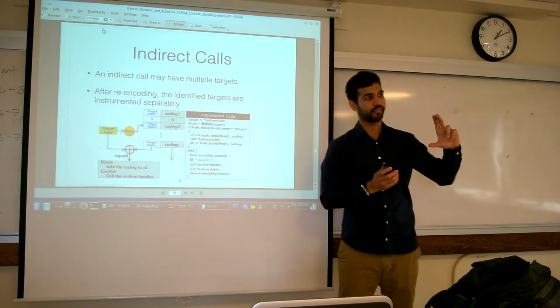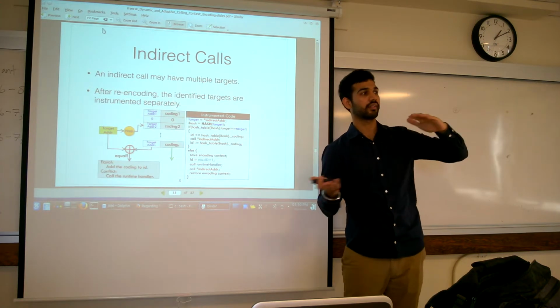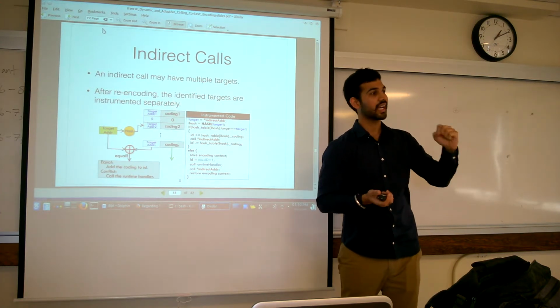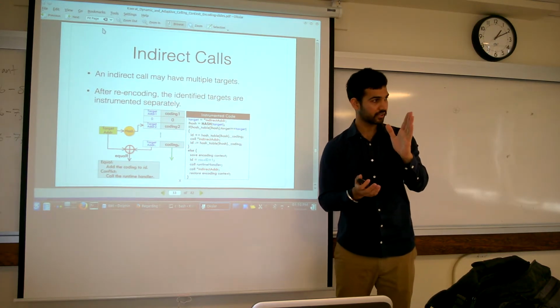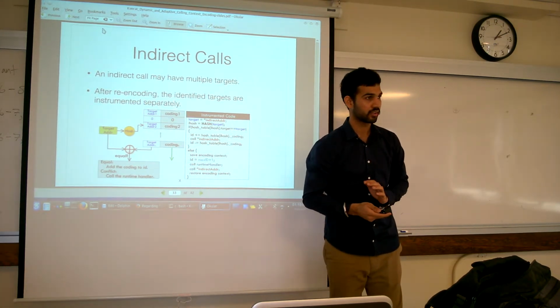Okay, so what it basically does is, it's the same threshold thing. I mean, if the number of indirect calls increases past a certain threshold, it uses the hash table to store the addresses of the indirect calls and the coding of the indirect calls, right?